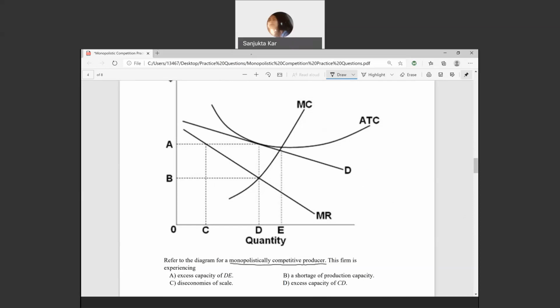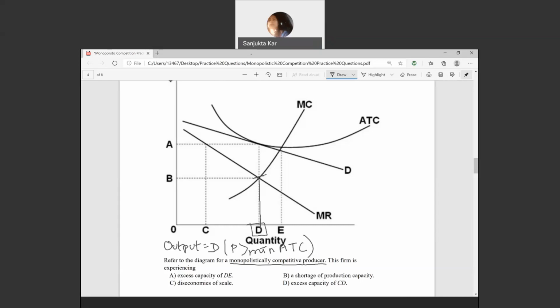Just as we did before, this is the output for a monopolistically competitive market structure. So the output is equal to D, and at this point, the price is greater than minimum average total cost.